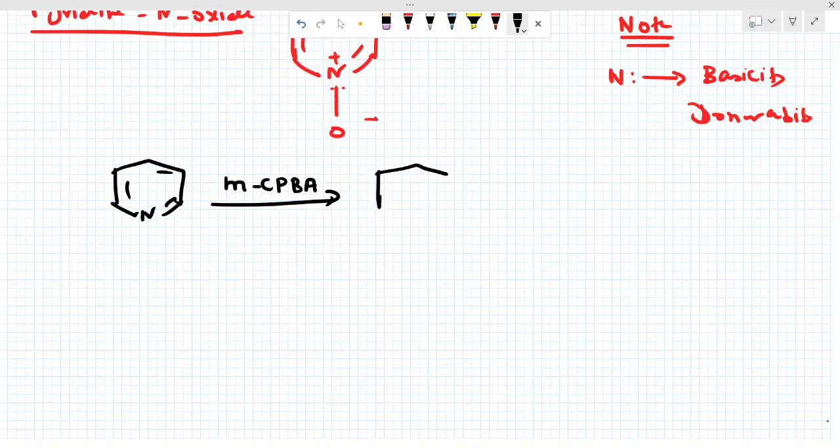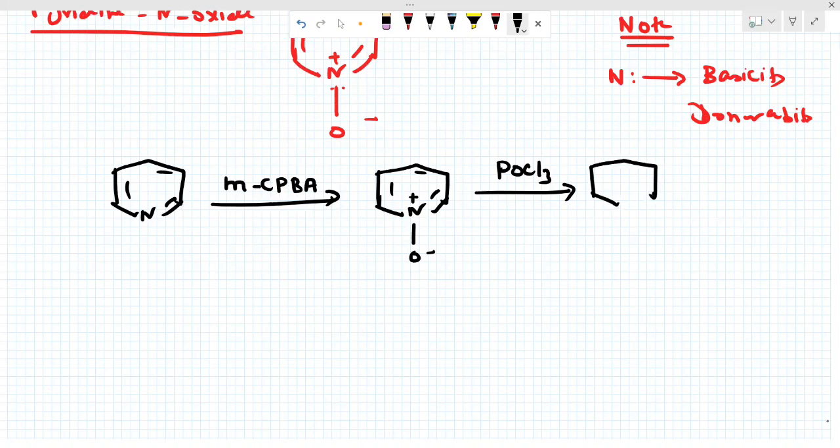Now what do they form? Pyridine N-oxide, with O minus and N plus. Again we can use POCl3 and we get the pyridine again. This reaction is important, please note. This is the pyridine N-oxide.